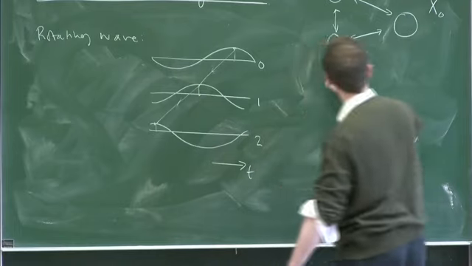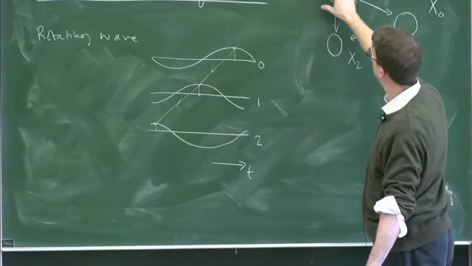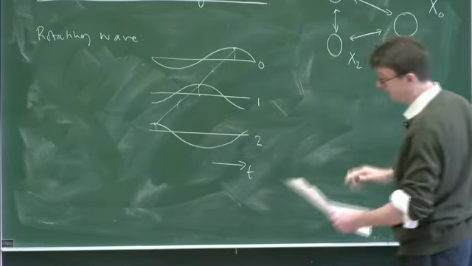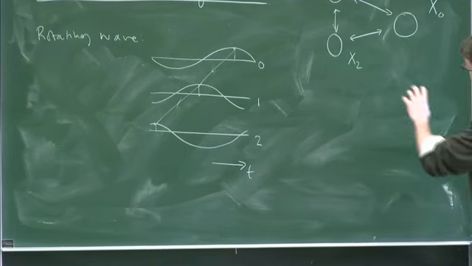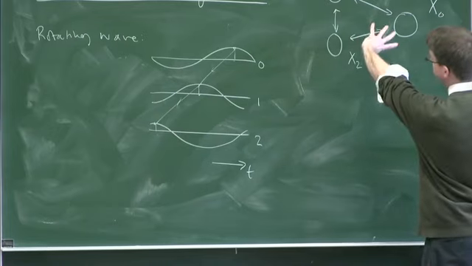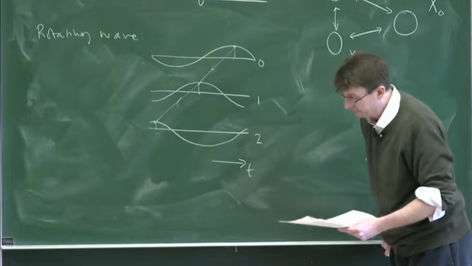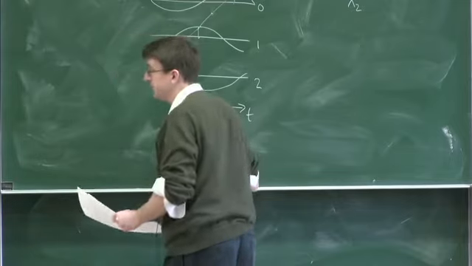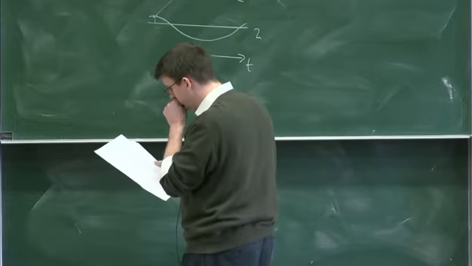So you see a peak here and then a peak here and then a peak here. So it's a rotating wave pattern, because it's the same waveform, but a temporal shift is equivalent to a spatial rotation of these three oscillators. And we've made this exact connection by working everything through.